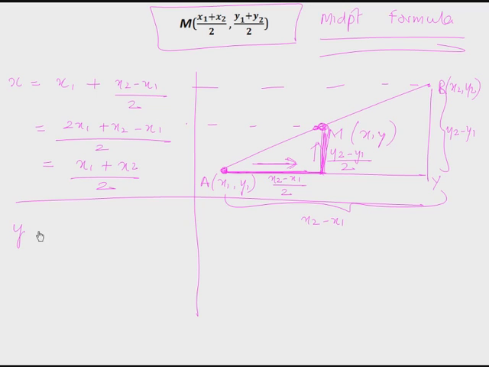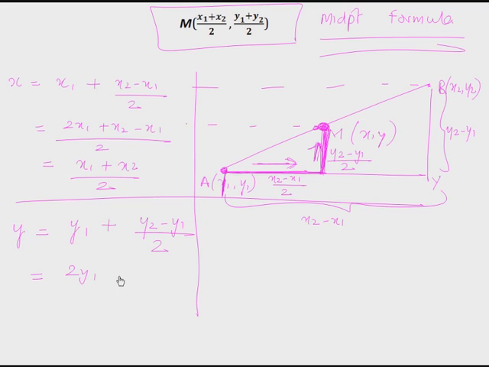What about the y-coordinate of M? To get to the y-coordinate of M, I first go up to A and then I go up an additional distance y2 minus y1 by 2. So I move up to the y-coordinate of A, that is y1, and then I add y2 minus y1 by 2.